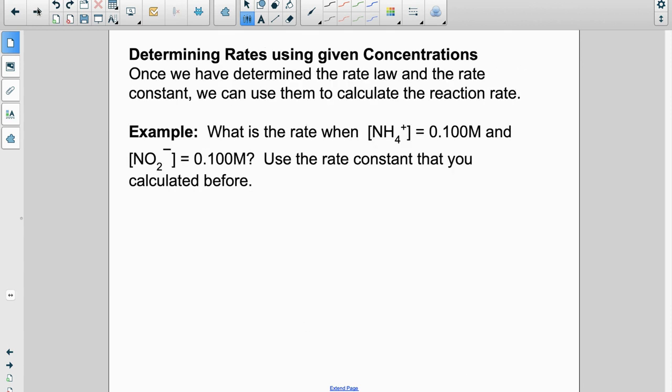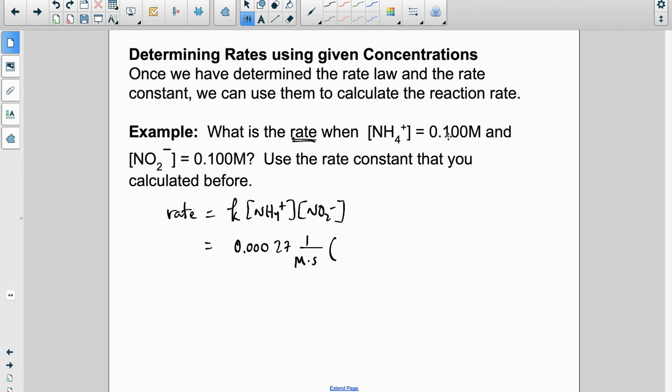Once we have the rate constant, now we can actually find the rate with different concentrations. So again, here we'll start off with the rate law. Okay, and we will put in the rate constant from before, which was 0.00027 over molarity times seconds.